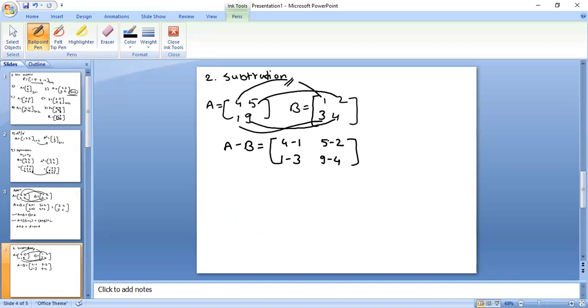So you will get the result 4 minus 1 as 3. Then 5 minus 2 is 3, and here you will get minus 2, and this is 5. This is the result of the subtraction of the matrix.